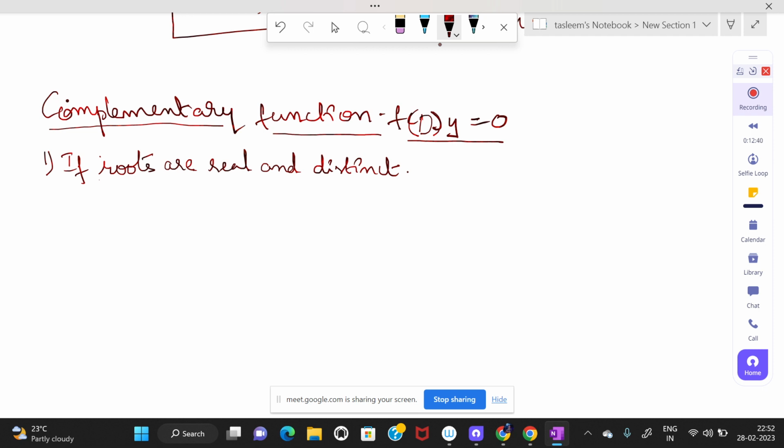Right. Then if your roots are real and distinct, you're going to represent your CF.